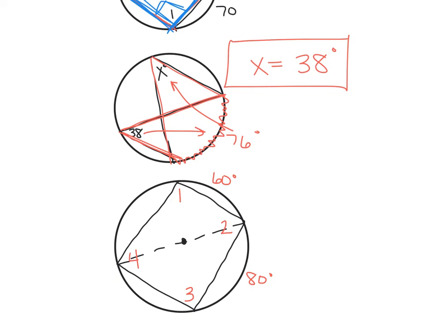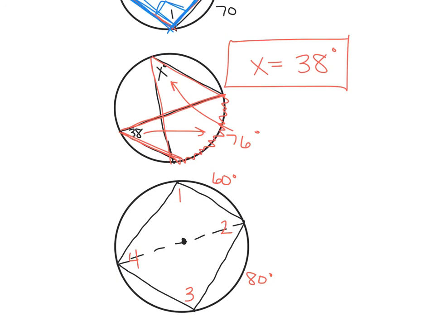Angle 4 is 70, but you don't need 4 to find 1. How do you find 1? You can find 2, but how do we find 1? You're jumping ahead of me, Scott.